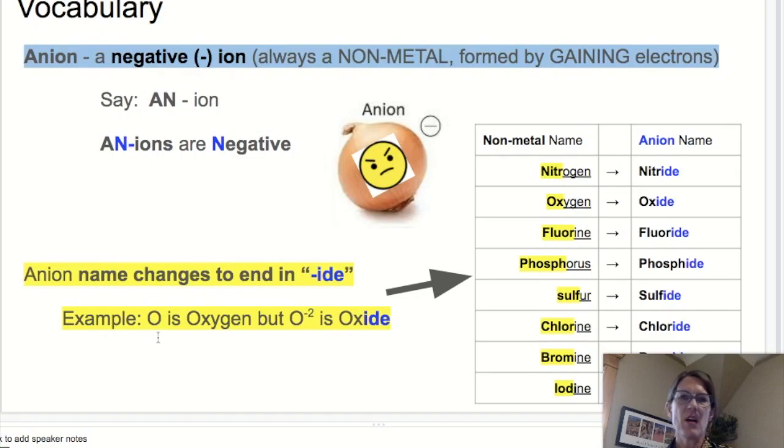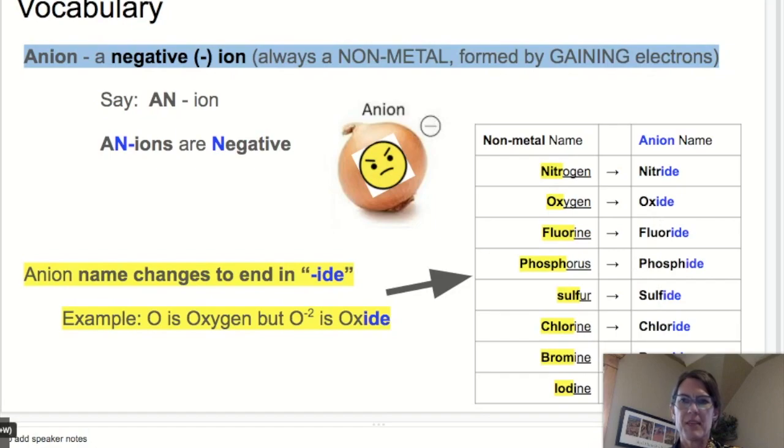So for example, O is oxygen, but O2 negative is called oxide. You've probably heard of oxide before, like carbon dioxide, and that's where that comes from. Here are all the nonmetals that we use in chemistry, and then their "ide" names.